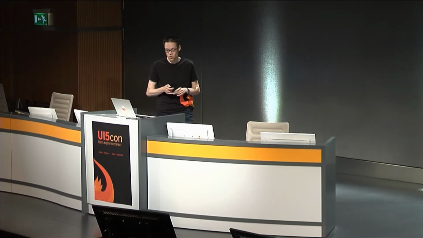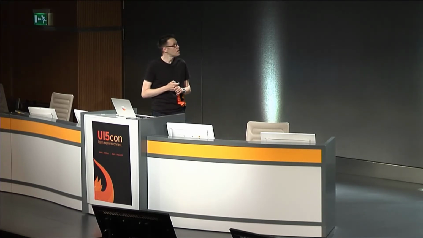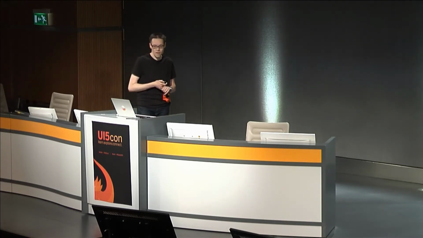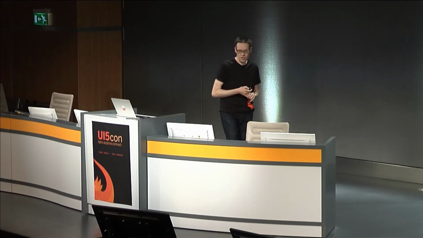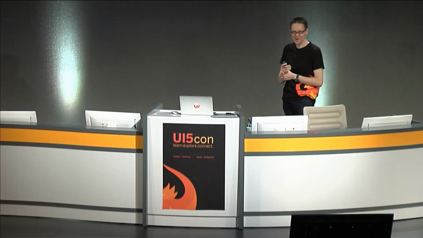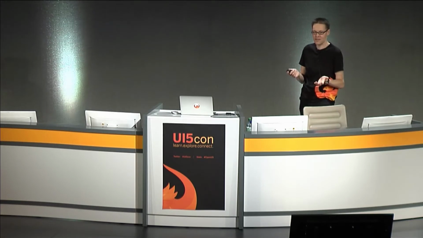All right. So let's look at the module loading. And here you see the situation in 1.52. And there is the red box with the jQuery.sap.declare and jQuery.sap.require. So short question, who's still using this API in a project? I can't believe it, right? If that's true and almost no hands went up, then it's great because it's deprecated API, right?